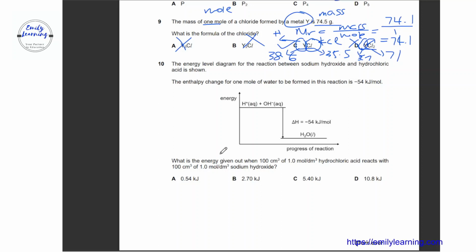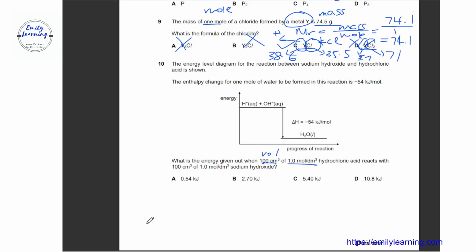Now you're asked, what is the energy given out when 100 cm3 of 1 mole per dm3 hydrochloric acid reacts with 100 cm3 of 1 mole per dm3 sodium hydroxide? You are given volume and concentration.